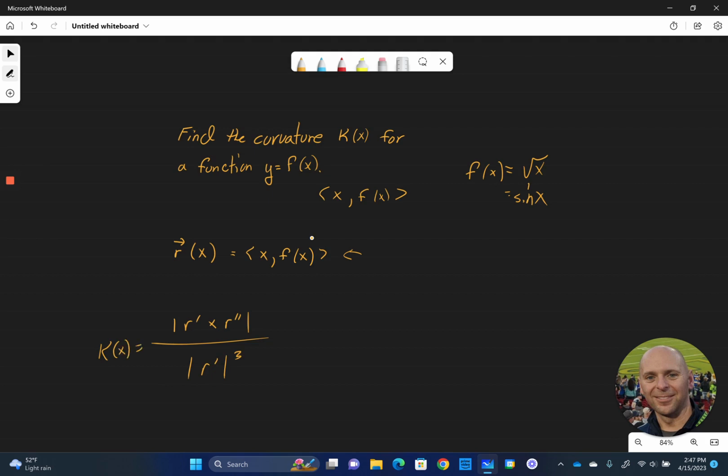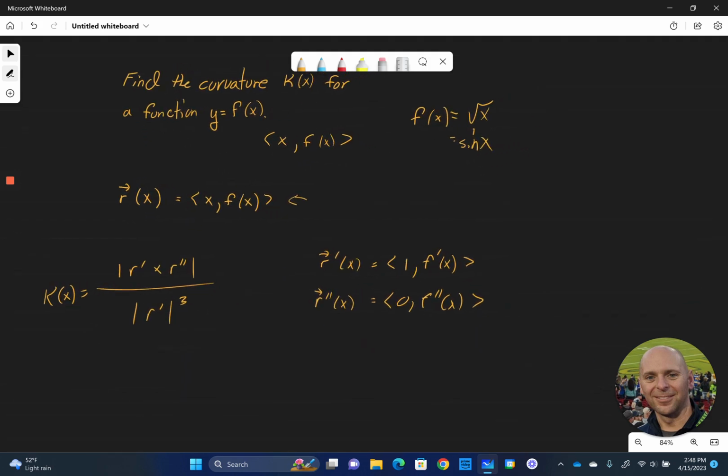So let's find r prime. r prime of x here is going to be equal to 1, and the derivative of f is f prime of x. And r double prime is 0, and f double prime of x. So now we need to take the cross product of that, but of course that's a little challenging because these are two-dimensional vectors.